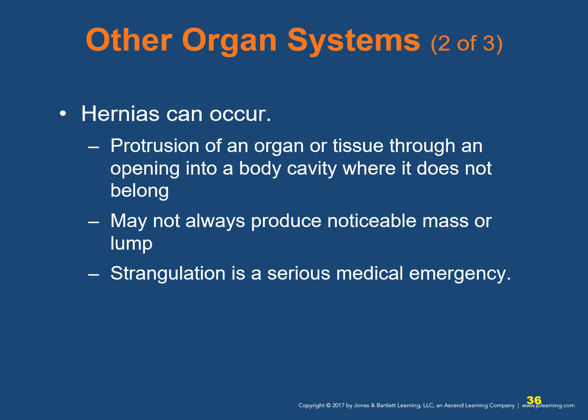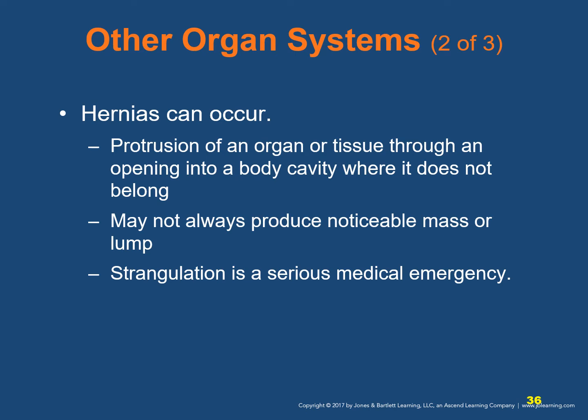Reducible hernias pose little risk and can be pushed back into the body cavity. Incarcerated hernias cannot be pushed back in and are compressed by the surrounding body tissue. Strangulation of an incarcerated hernia is a serious medical emergency.